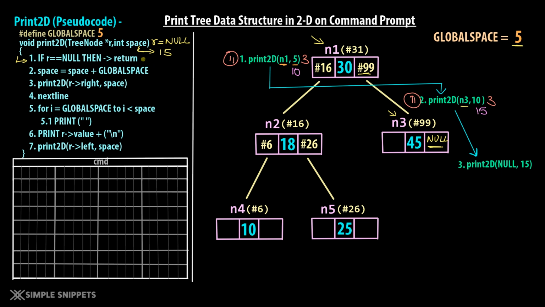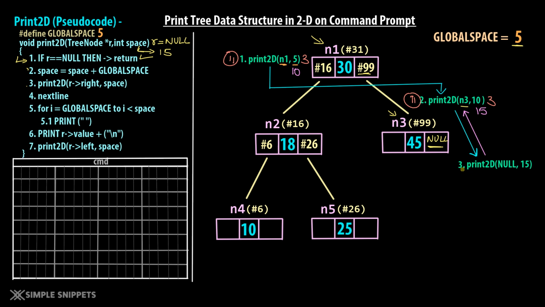So this statement becomes true and we will execute this first if line, and at this line we are saying return. So we will not execute 2, 3, 4, 5, 6, 7. We will simply come back from third print2d call back to its calling function. Who called third print2d? It was the second print2d. So it'll simply complete its execution and come back because return statement does that.